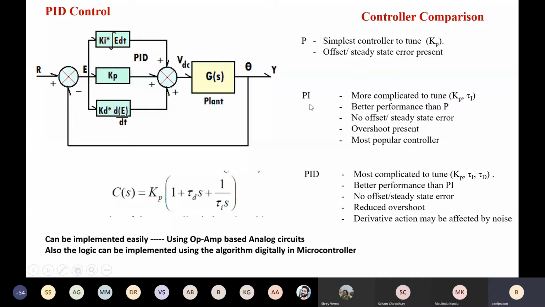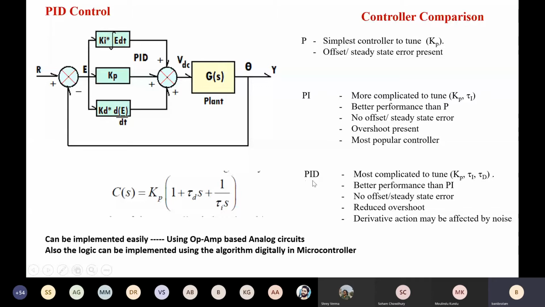Now, if we use PI, which is a bit complicated because here we have two terms in the PI controller, one is KP, another is tau I. Okay, and its performance is better than P. Here the steady state error is completely eliminated, but one problem is that overshoot is present, and this is the most popular controller, this PI.